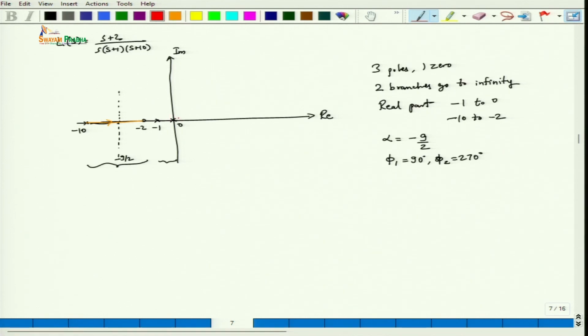The next one will start from 0, come here and then go asymptotically. The next one starts from -1, goes here and then symmetrically will go along.